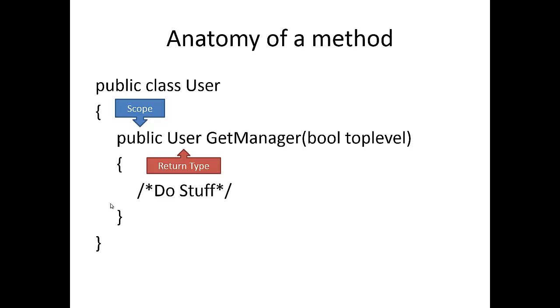If you think about how this would work, you would have a user variable, and maybe it represents yourself. You're the employee. There's a method off of your user object or your user record that's called getManager. And when you call that method, it performs a lookup and says, okay, you are the employee, you are the user, and associated to you is a manager, and it's this person.